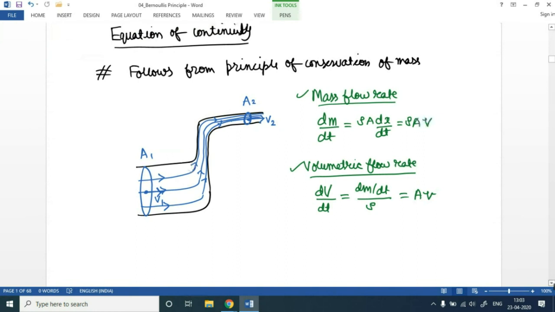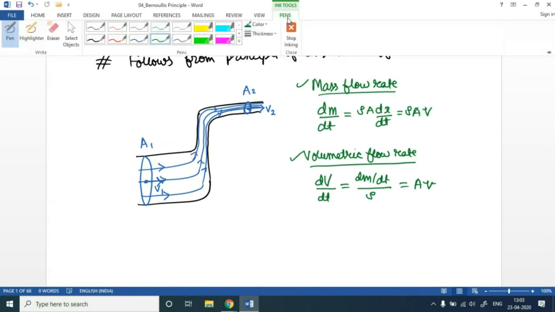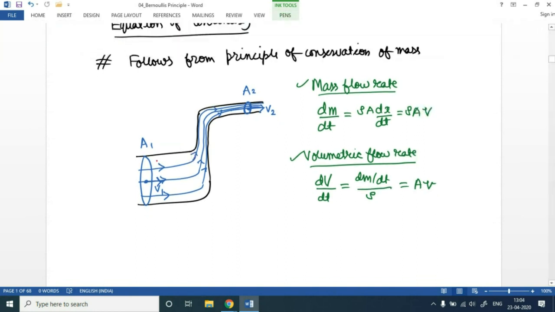So the equation of continuity simply suggests that in this piping system in steady state, if there is no accumulation inside this pipe, whatever liquid is going in, the same liquid will be coming out.